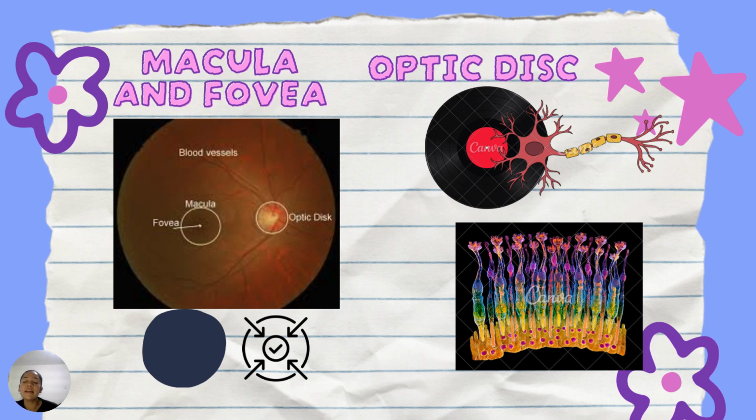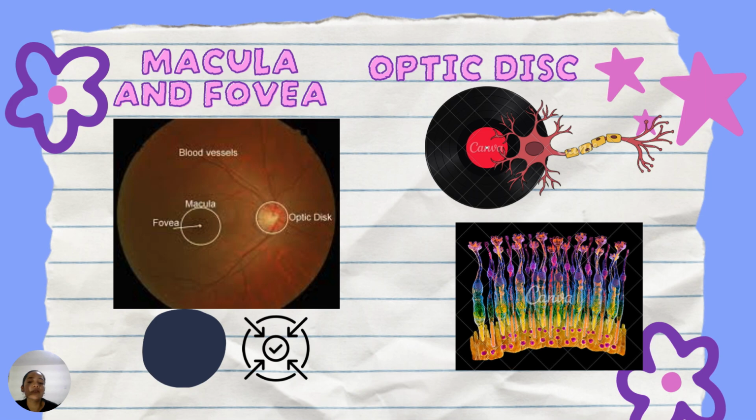Then we have the macula and fovea, that we can see in a special test that we do in the hospitals called fundus, done with a special element to see the different structures in the eye.